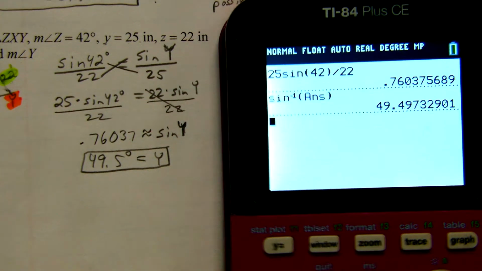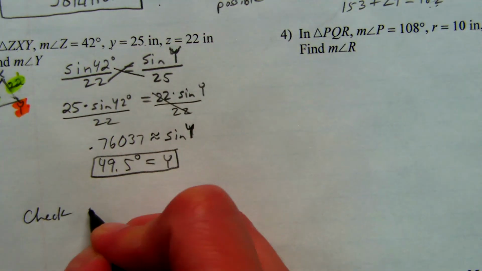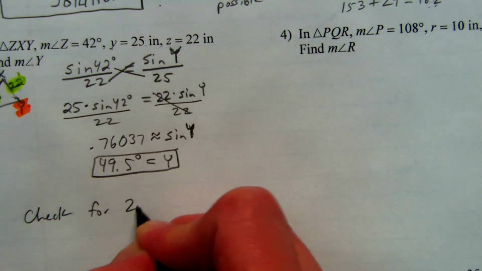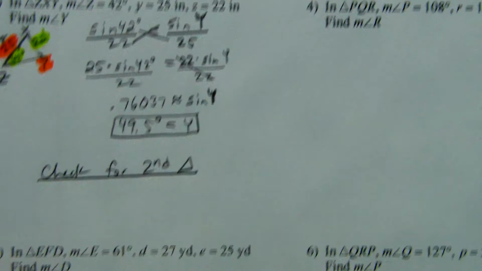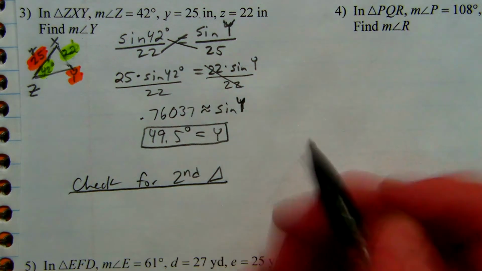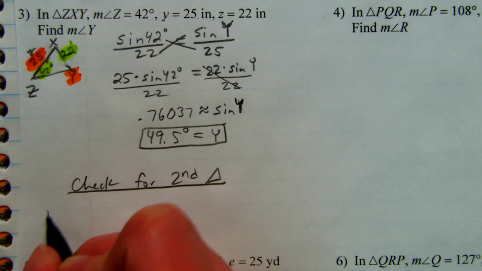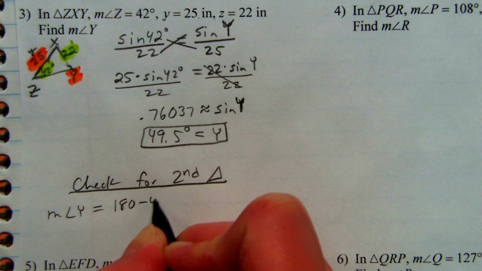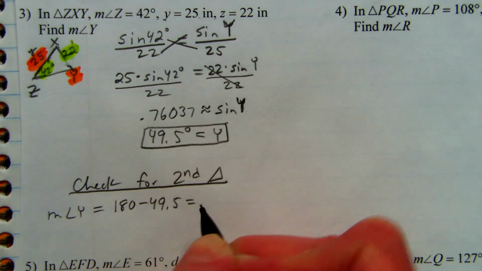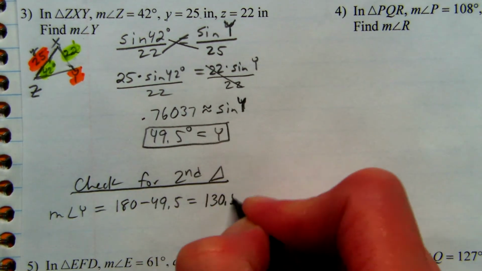So then we're going to check for the other possible answer. We're going to check for a second possible triangle. So for the measure of angle Y, it could be 180 minus 49.5. And when we do that, we get 130.5 degrees.